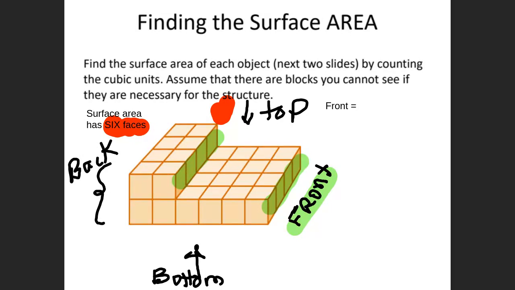Now, how many boxes are there? Well, the front happens to have 1, 2, 3, 4, 5, 6, 7, 8. That is your front. Your front has 8 boxes.